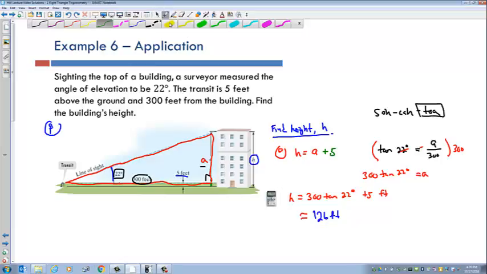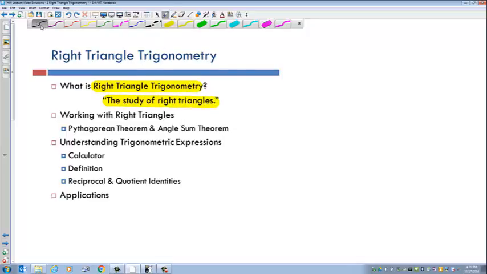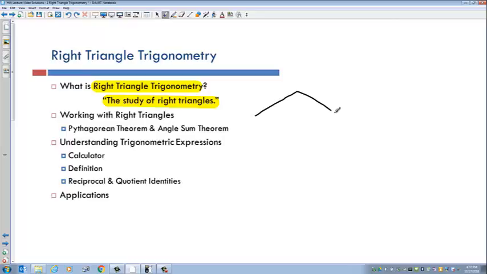So quickly here, let's recap what we've just done in this video. We talked about what right triangle trigonometry is. It's really just a study of right triangles. It turns out that if we understand right triangles, we understand all triangles in general and their properties. Because if you draw any sort of triangle, it doesn't have to be right, here's a strange looking triangle right here.